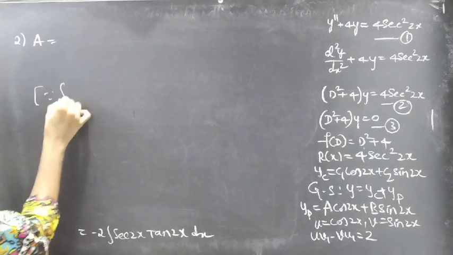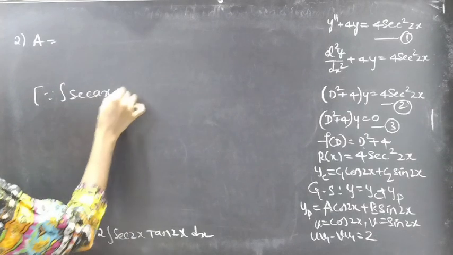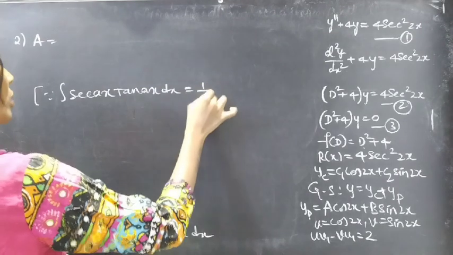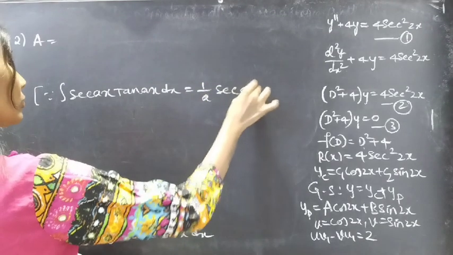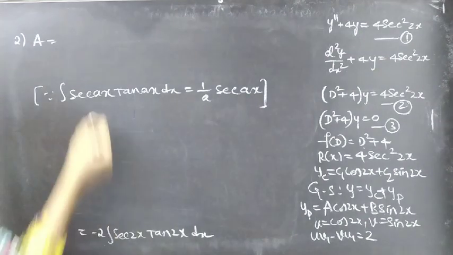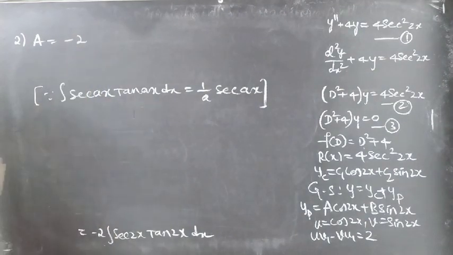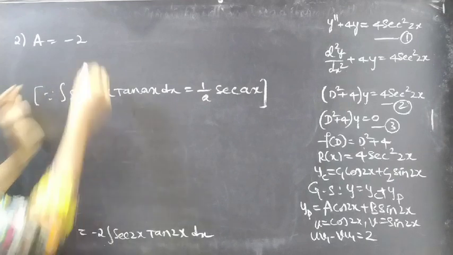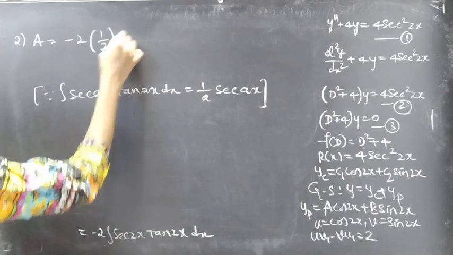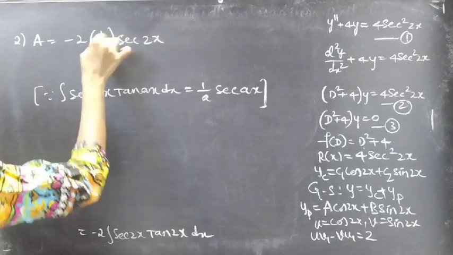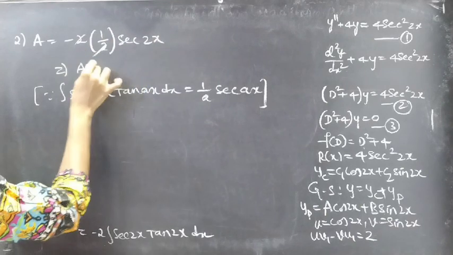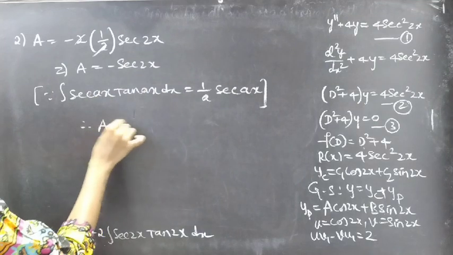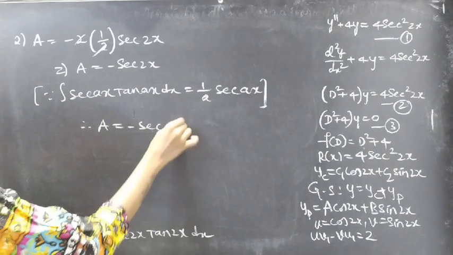Since integral secant ax tan ax dx is 1 by a secant ax, this becomes minus 2 into, just compare the integrand with secant ax tan ax, and for a equal to 2 you'll have 1 by 2 secant 2x. 2 gets cancelled and you'll get a equal to minus secant 2x. Therefore a equal to minus secant 2x.